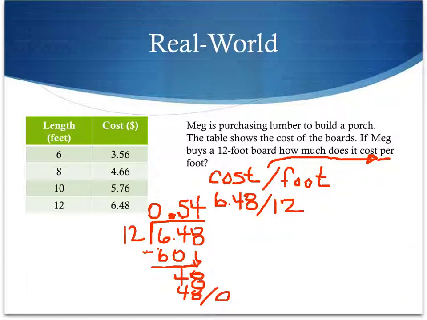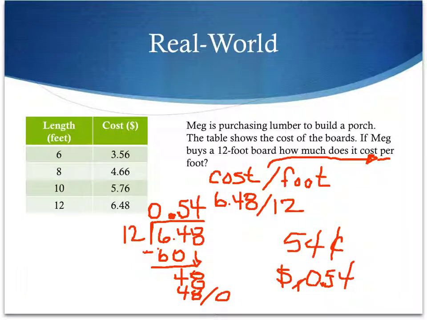Well, the answer here that I have is in money. So 0.54 would be the same thing as saying 54 cents. So I could either write it like that, or I could write it like this, with my decimal point being right in there, not there.